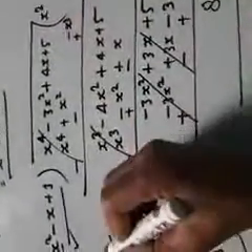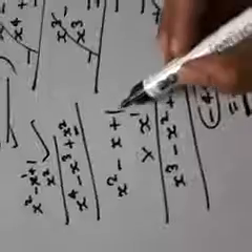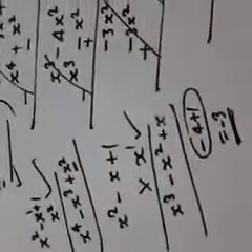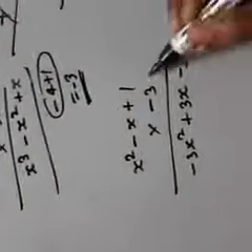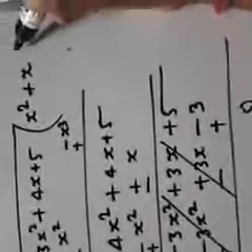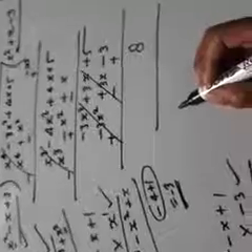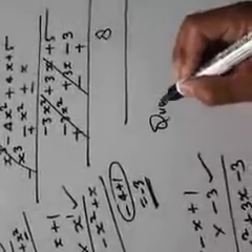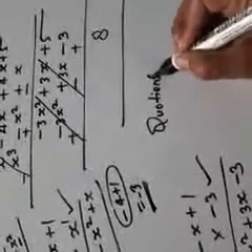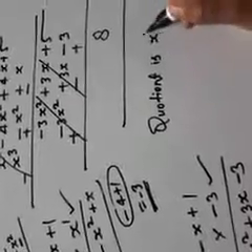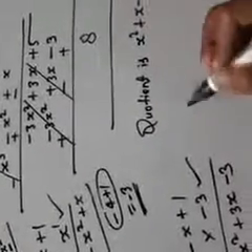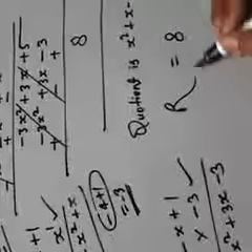First of all, we multiplied by x square, secondly we multiplied by plus x, and in the end we multiplied by minus 3. So we have to write all these in the quotient also. So students, after division, the quotient is x square plus x minus 3, and the remainder is 8.